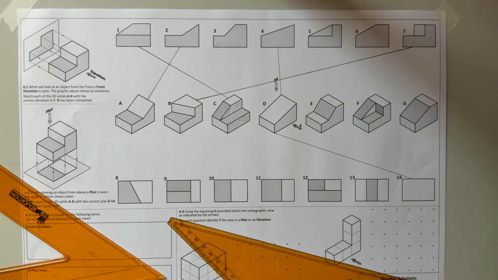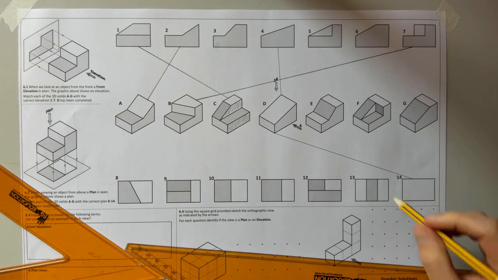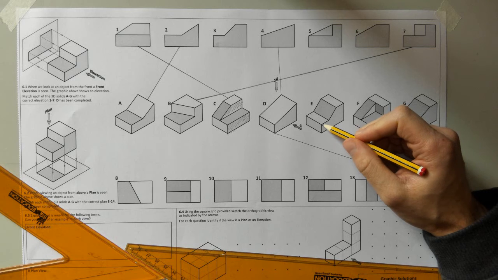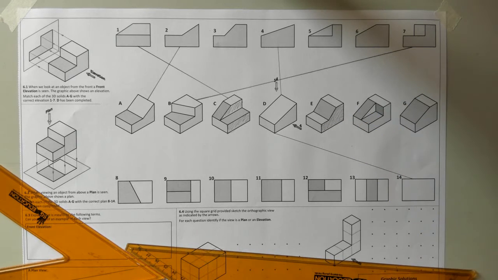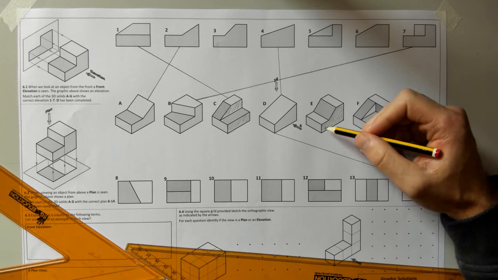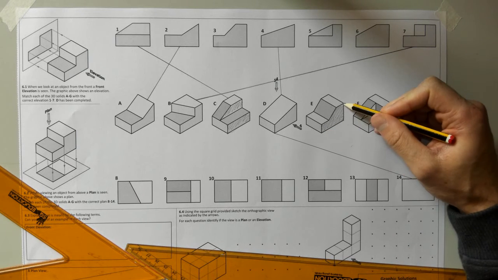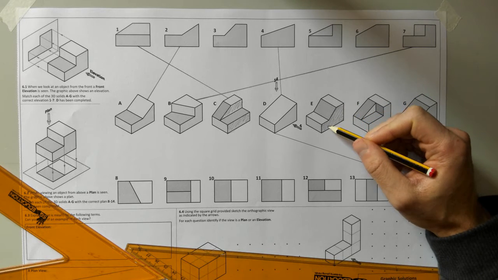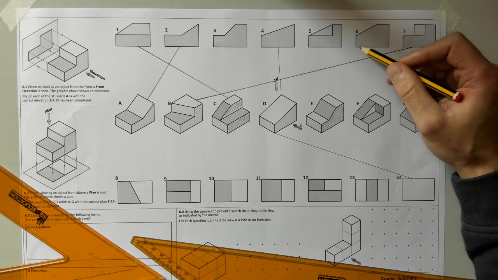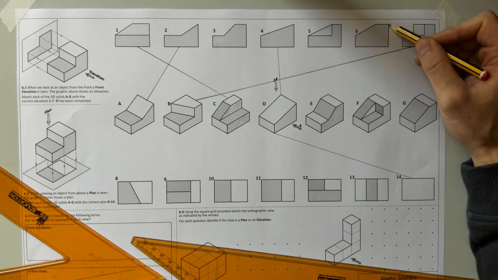D is already completed for us, so we move on to E. So the bottom half for E, all you can see is this surface here. That's all we can see looking that way. So we can see it has a backwards L shape there, and it comes out, down an angle and across. So if we look at 6 for example, it has the line going over and up.